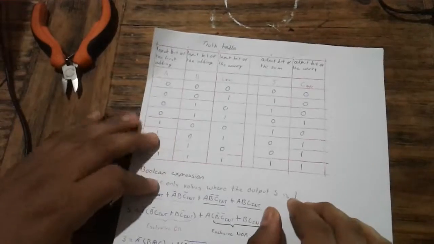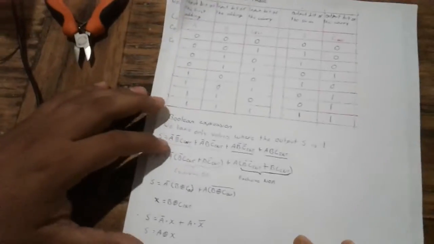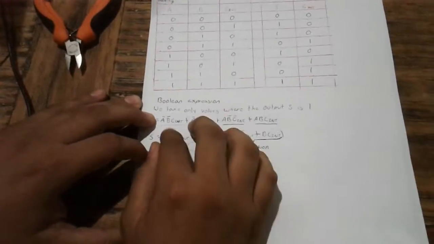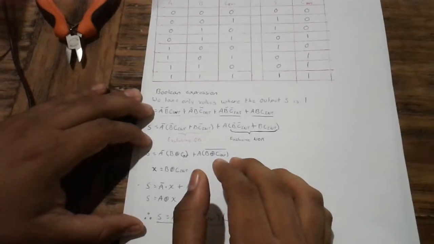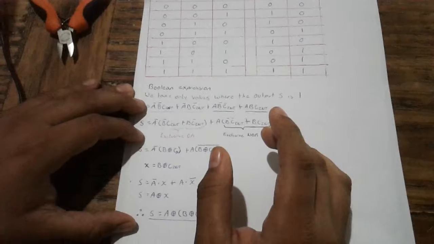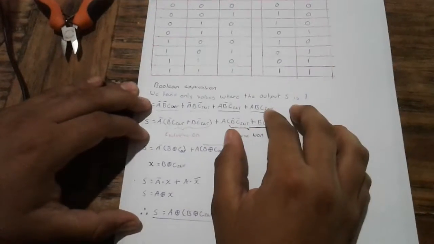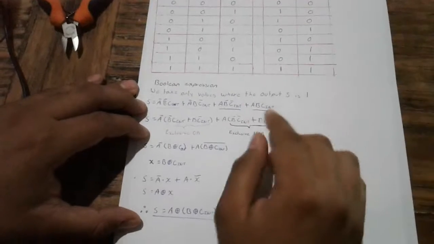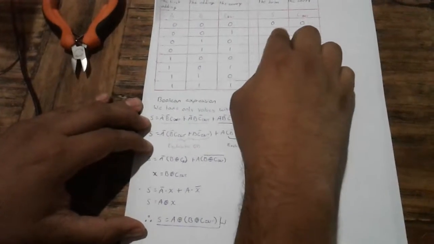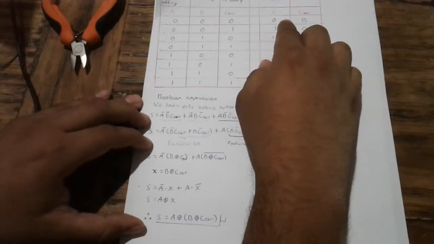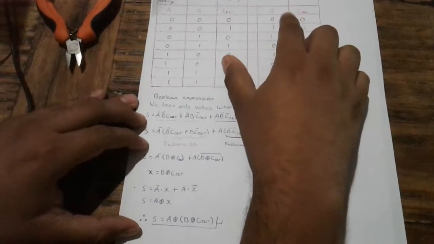It's easy. After that we get the Boolean expression, only taking the values of 1 in the output. So we have the first output that is S. For example, in this case, we just take the values of 1.